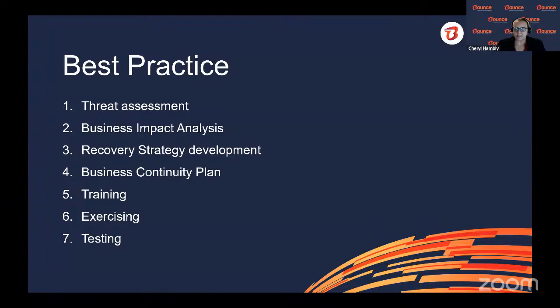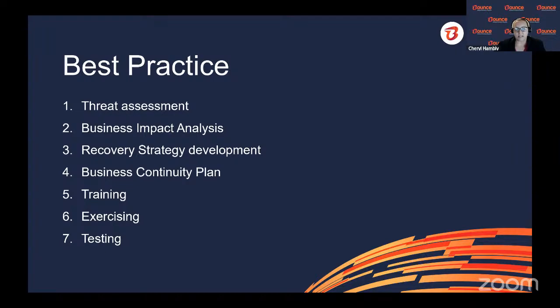So in terms of the 7 key items that we'll go through, it is going to be fairly high level, and again, would open up to any questions that anyone has. We'll go through threat assessment in terms of what's going to be entailed with that and really depicting what is going to cause a disruption to the business. So it's really going to be threat assessment based on disruption to your operations.